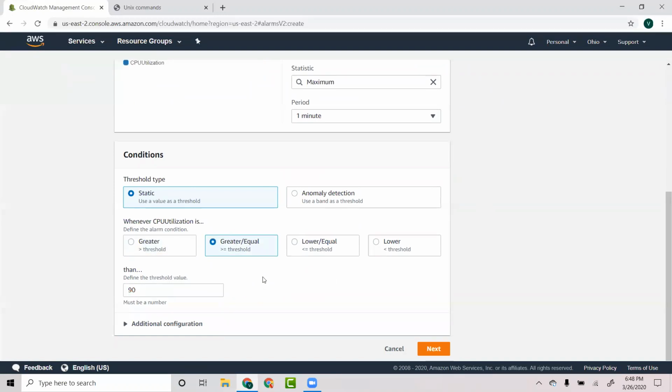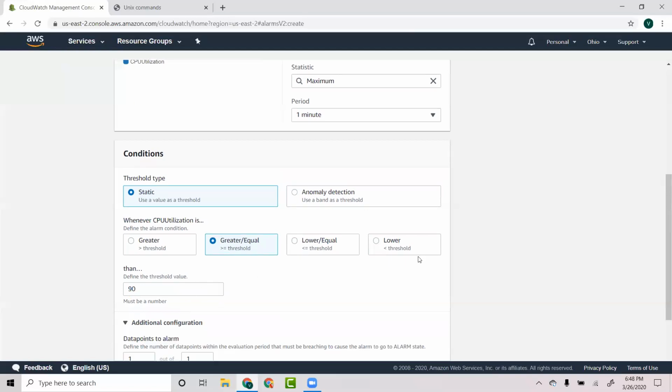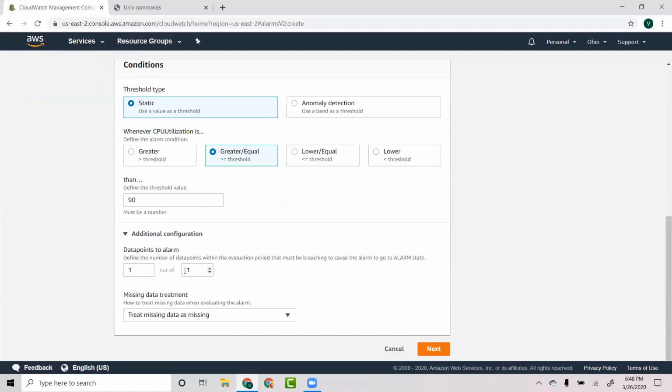So if it's greater than 90%, 1 out of 1. Let's say within a 5 minute interval, if 2 consecutive minutes have reached above this threshold, then notify me. Because there's no point in doing it every single time it goes to 90%, right?